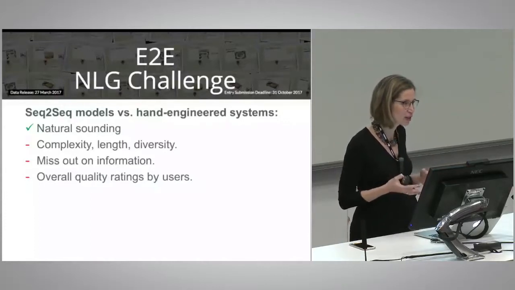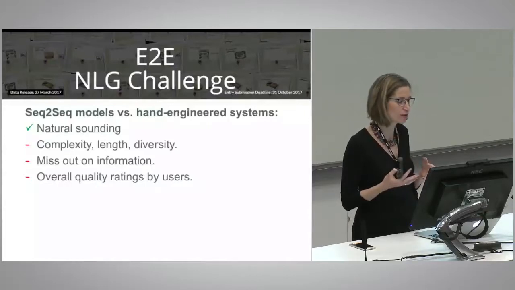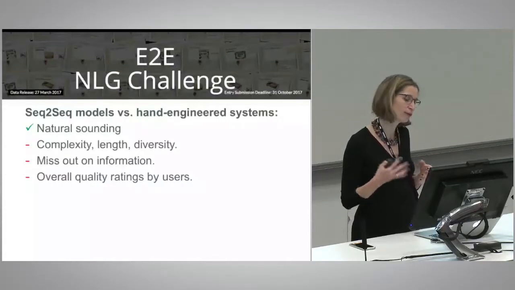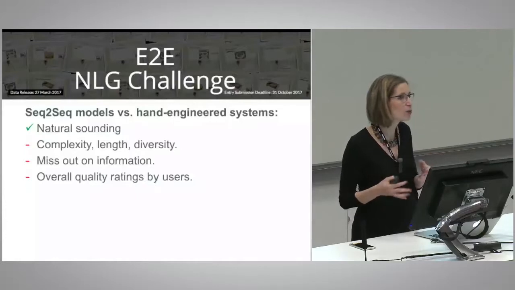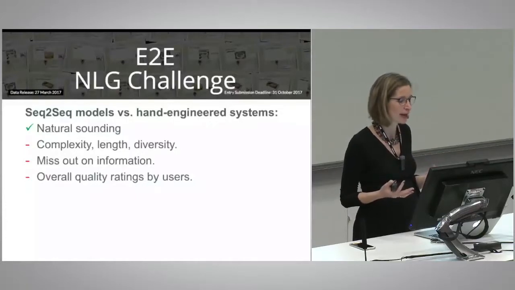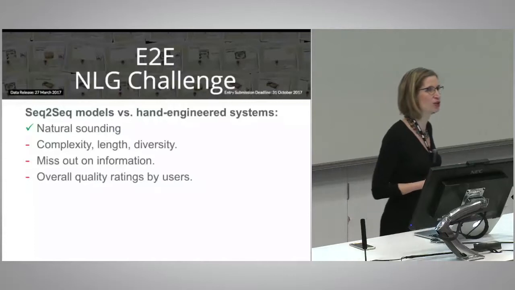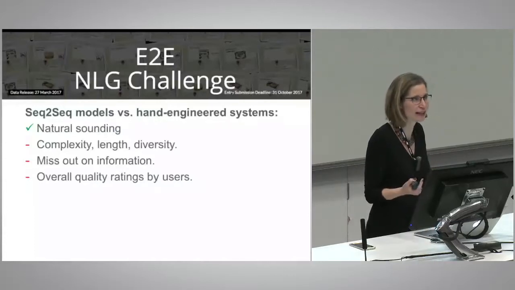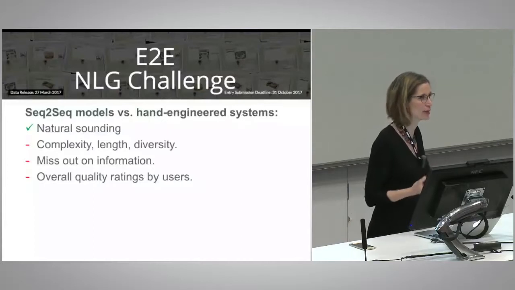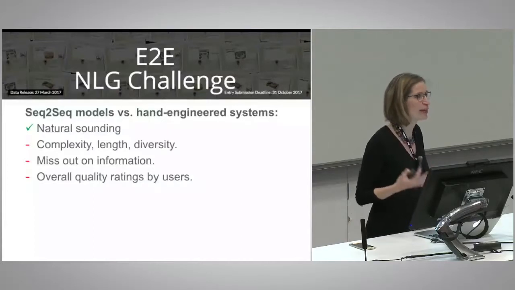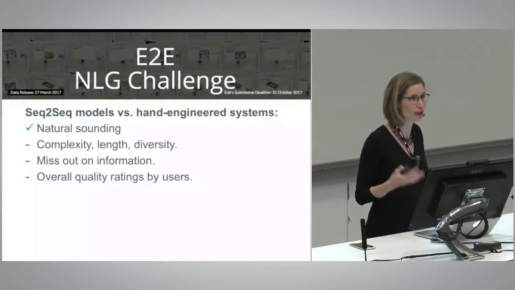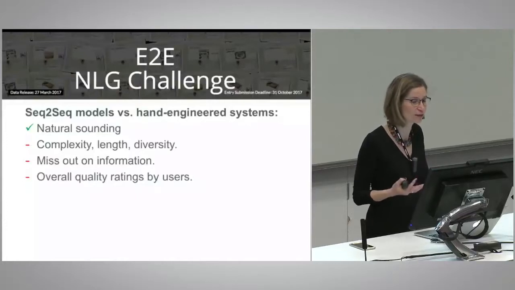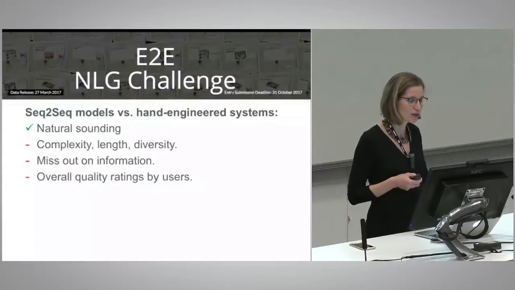However, they were less good in producing output which was reasonably complex or of sufficient length, and it also wasn't very diverse. And they often miss out on information. So meaning, for example, they just won't tell you that a restaurant is child-friendly or that it serves Chinese cuisine, which is information you really need. So this is not a good thing if the system withholds that information. And they also scored slightly lower in the overall quality ratings by the user.